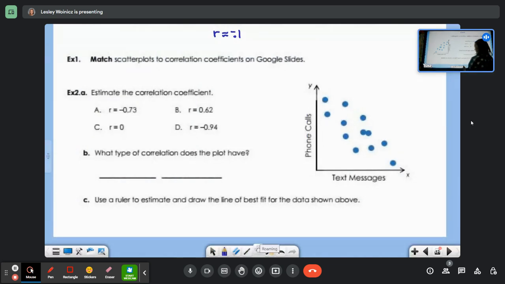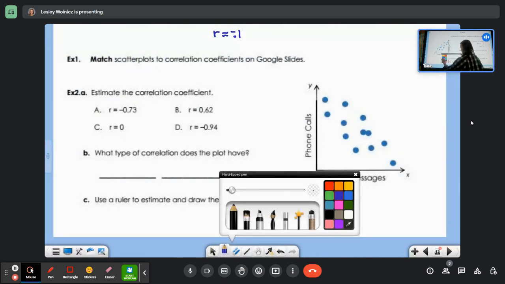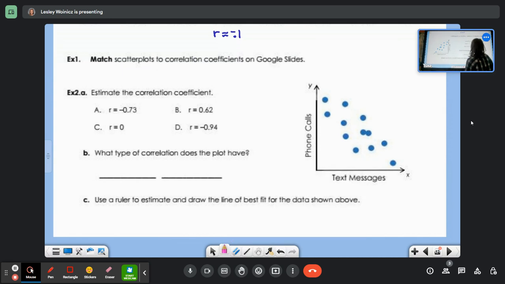So example 2, part A, says that we have to estimate the correlation coefficient. We can see that there's a definite downward trend in this data, so our correlation coefficient will not be positive. So we can eliminate B, and we can eliminate 0 because it's obviously negative.